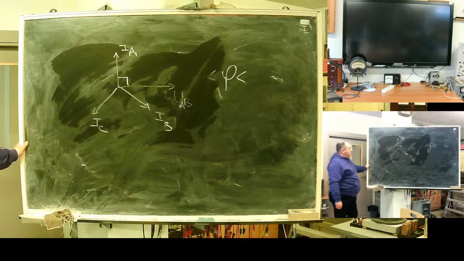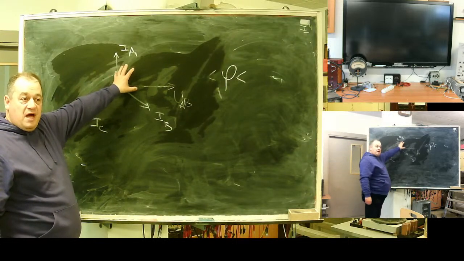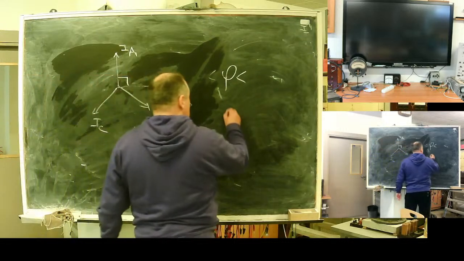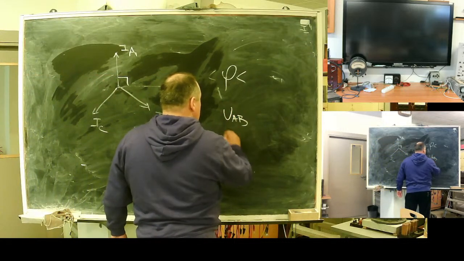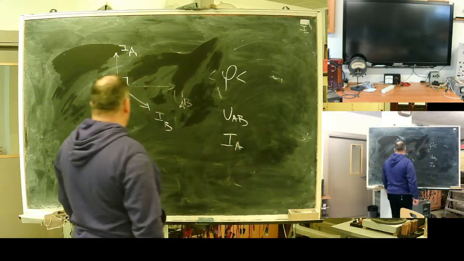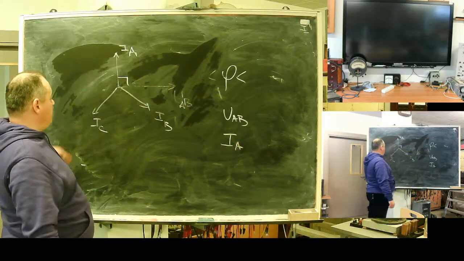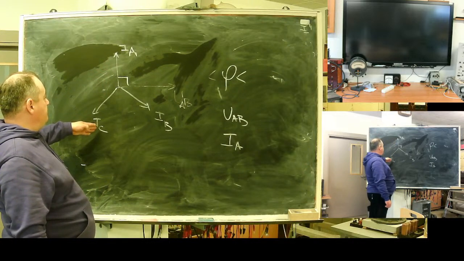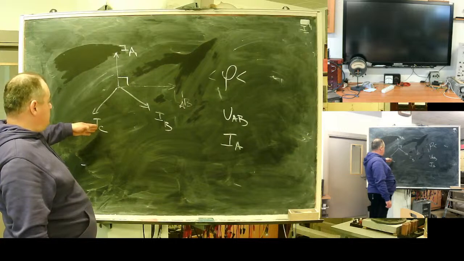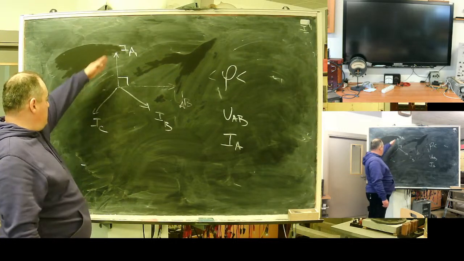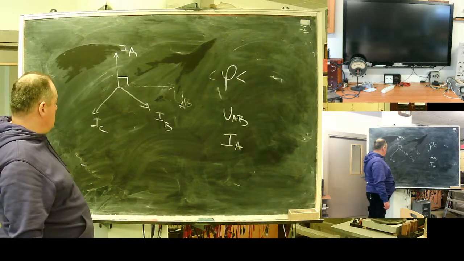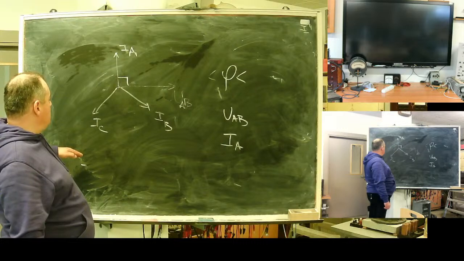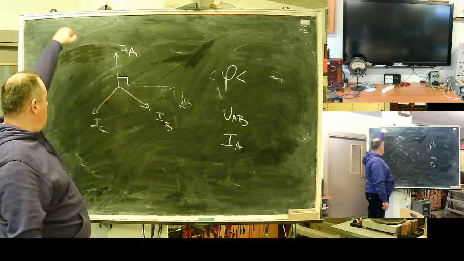So the signal pair for my direction relay will be UAB and A phase current. For B phase, which one will it be? For B, it will be BC, and for C, this one.